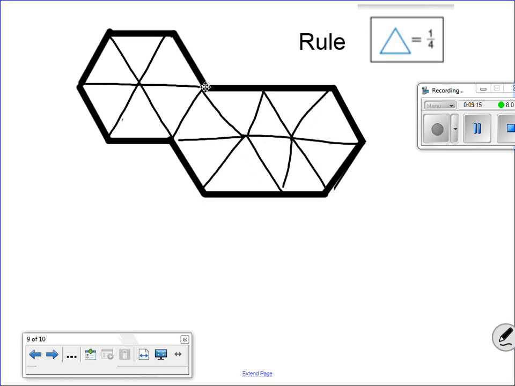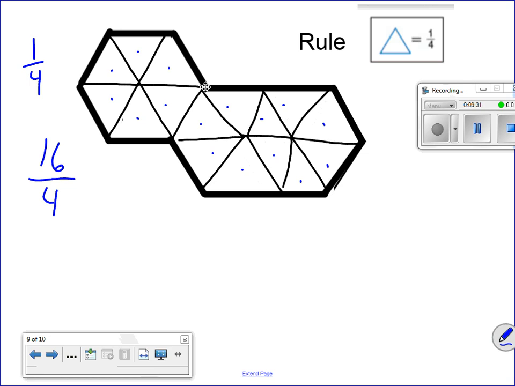Everyone see how I broke this apart here, okay? This is one thing I want you to realize. 1/4. I got to see how many fourths I have here. 1, 2, 3, 4, 5, 6, 7, 8, 9, 10, 11, 12, 13, 14, 15, 16. I have 16 over 4 as my answer.